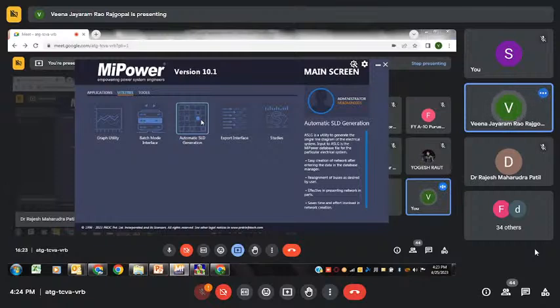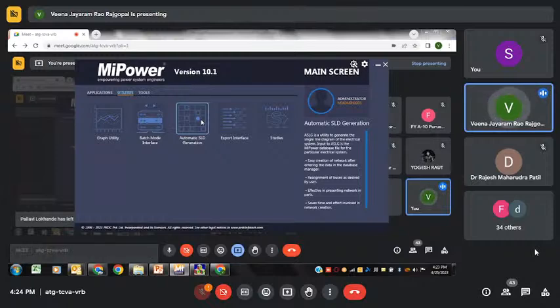In the database you mention your voltage configurations, how many buses you are going to create, and the connectivity information. From there you can directly do the analysis. So the SLD, or single line diagram, is not mandatory for performing any of the analysis. You can directly use the database editor and do the analysis.